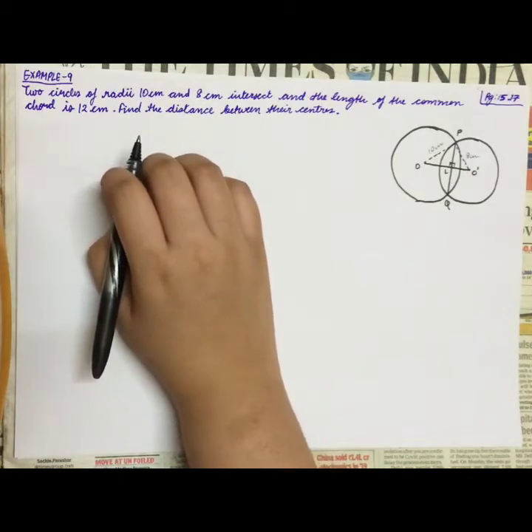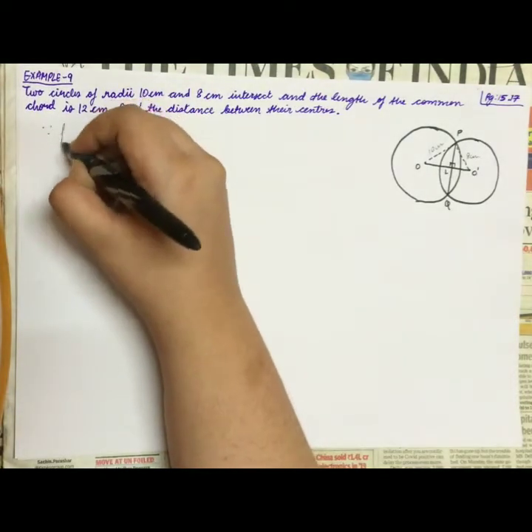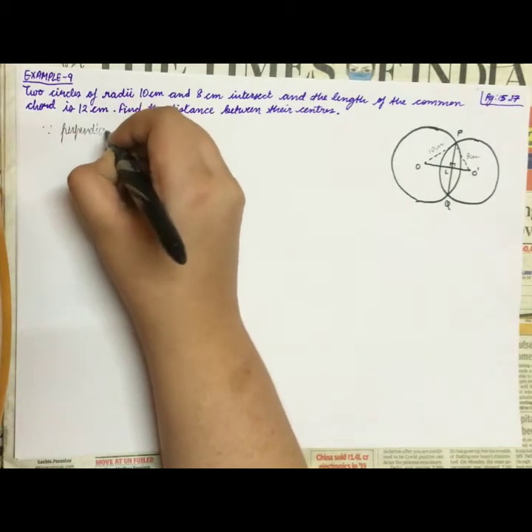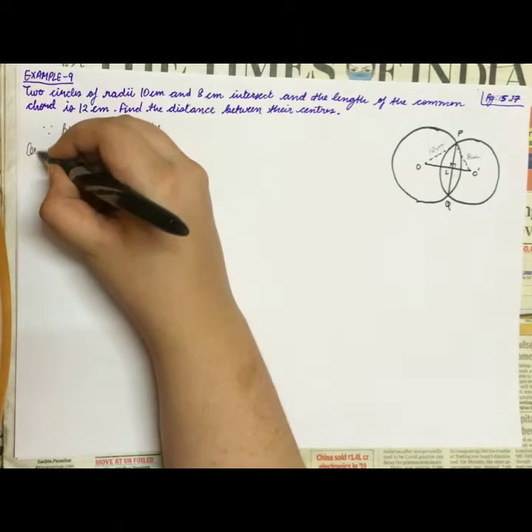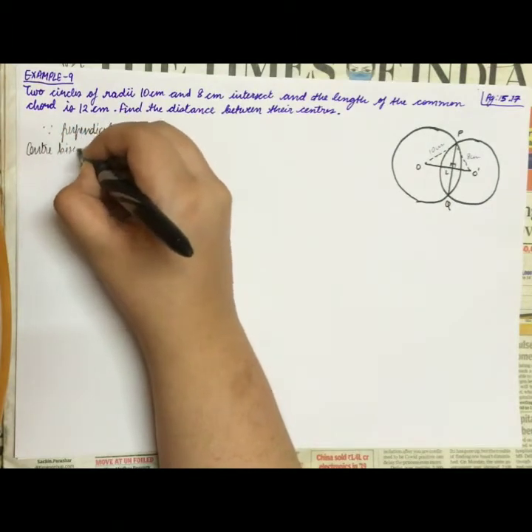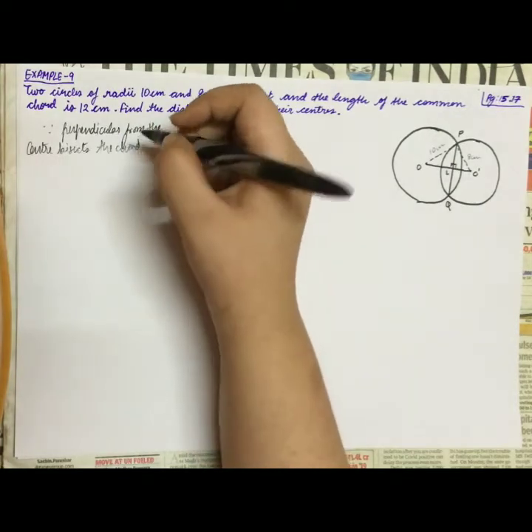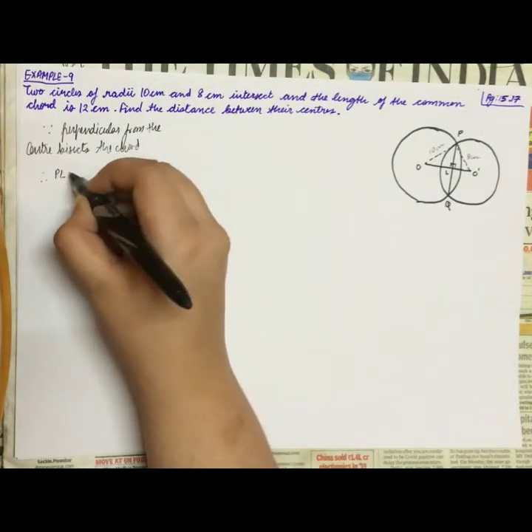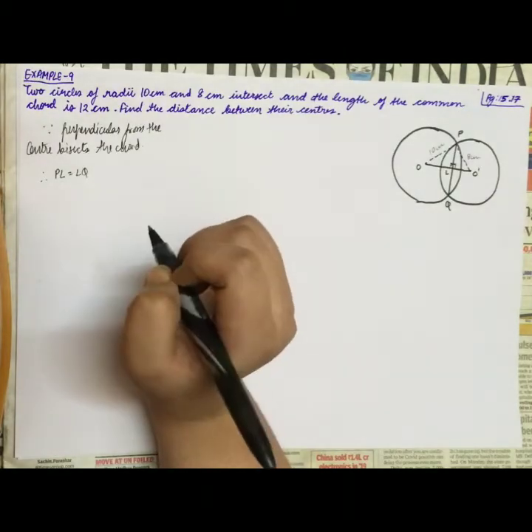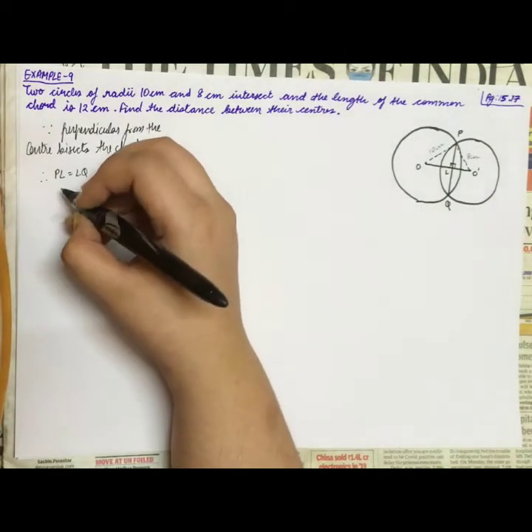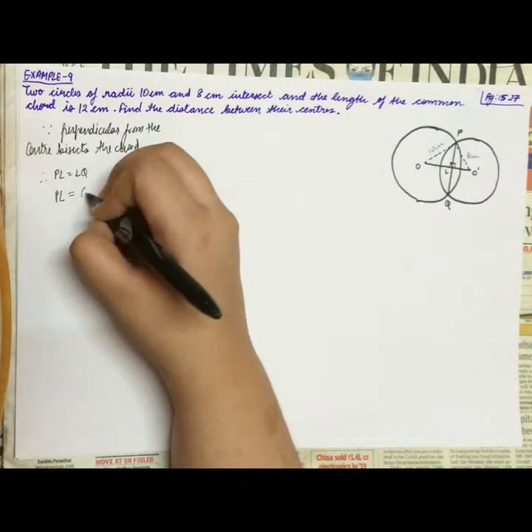Now since the perpendicular from the center bisects the chord, therefore we can say that PL is equal to LQ. Now PQ is given as 12 cm, therefore PL is equal to half of PQ, which is equal to 6 cm.